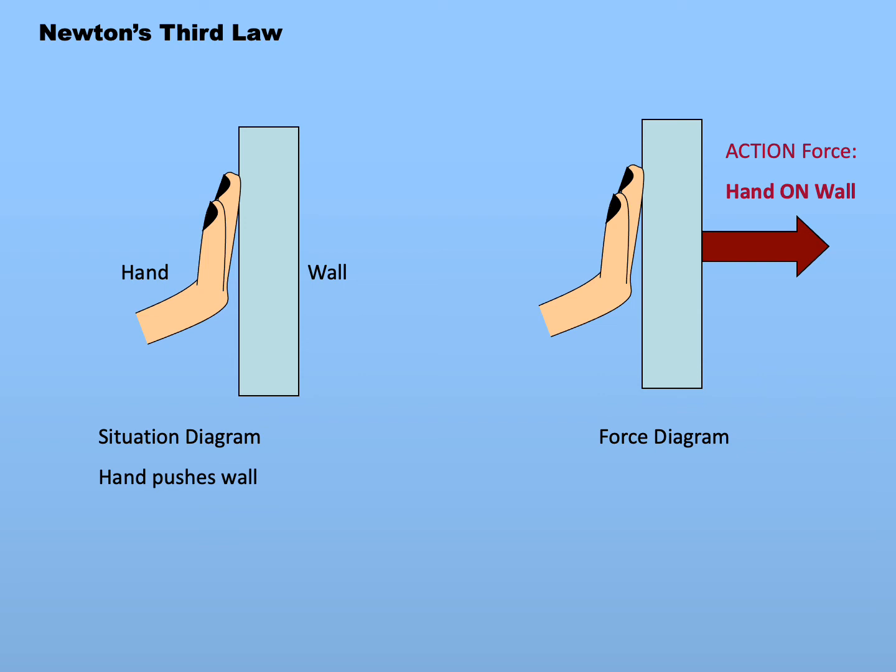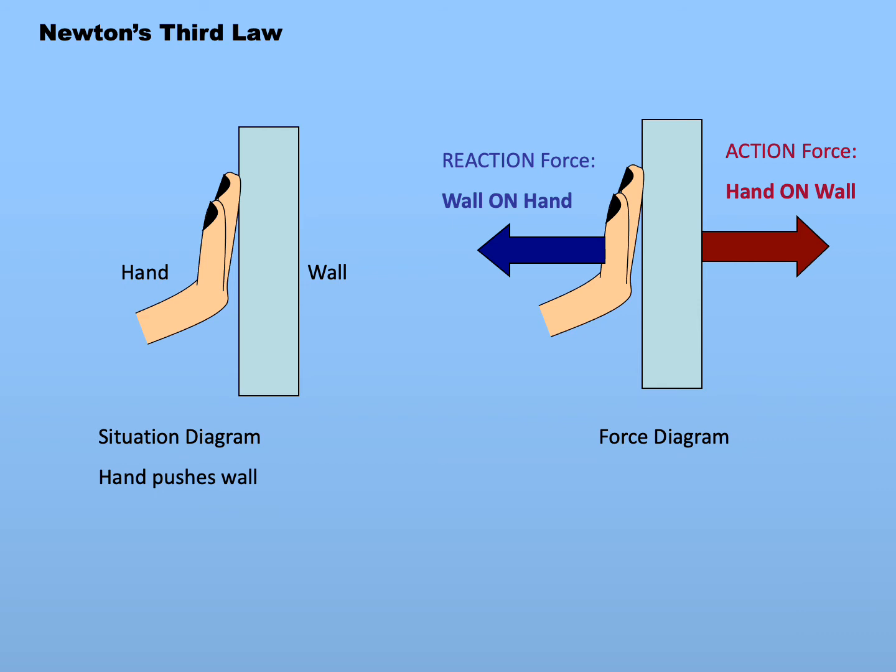Now what Newton discovered was that when the hand pushes on the wall, the wall pushes back on the hand. And that's called a reaction force, wall on hand. So we have the action force, the hand on the wall, causing a reaction force, the wall on the hand.